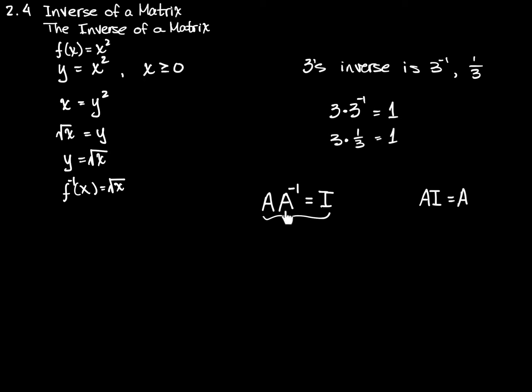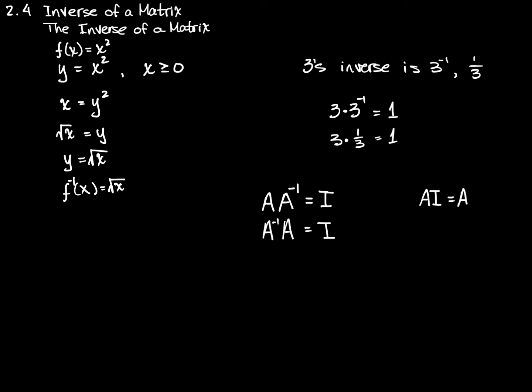The inverse of matrix A, when you multiply A by its inverse, gives you I. Okay, and it turns out, because of the properties of inverses and identity matrices, that the inverse of A multiplied by A is also I. And that's important because remember, multiplication of matrices is not commutative, generally speaking. But when we're talking specifically about A and its inverse, or any matrix and its inverse, multiplication in either order gives you the identity matrix.